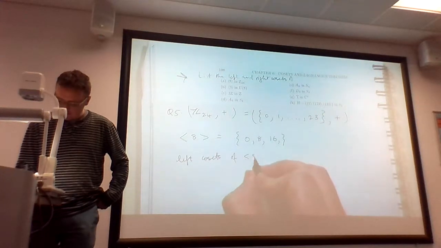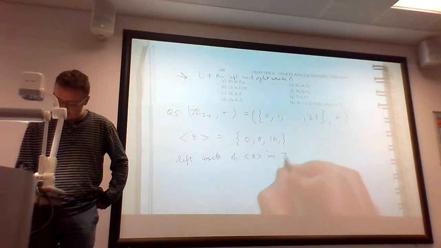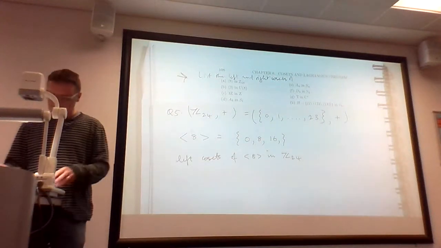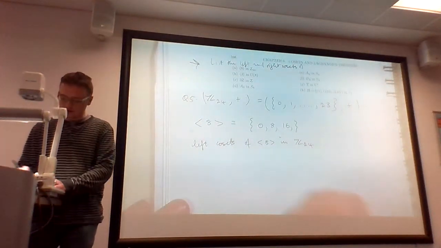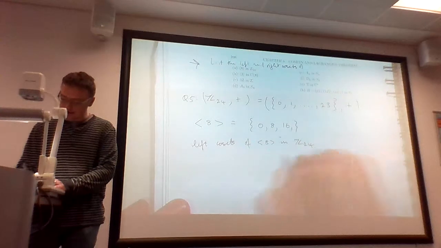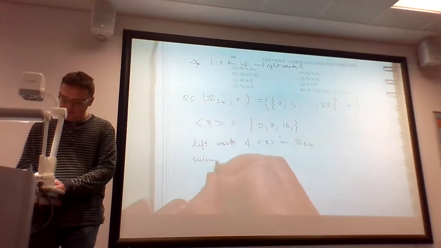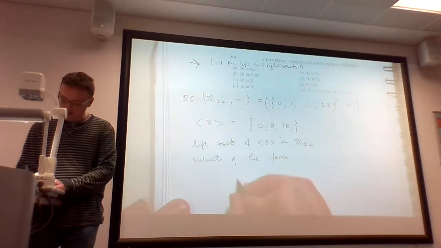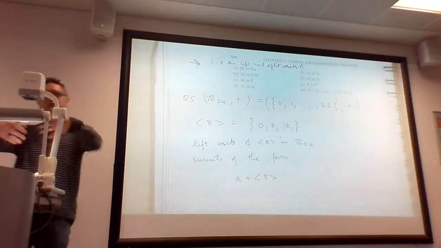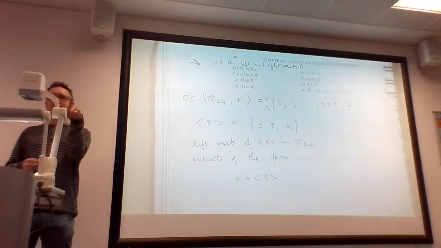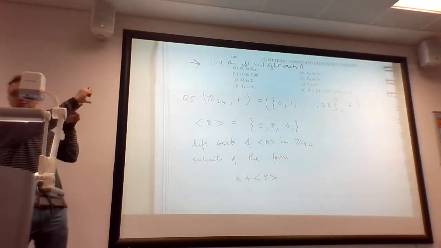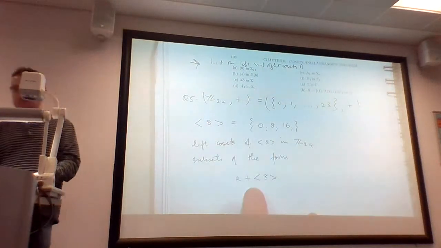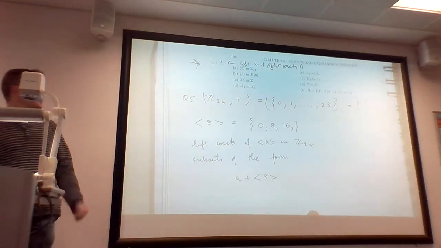of this in Z24? So if we look at the definition, these are subsets of the form A plus H. When you define cosets in the book, we write the little g beside the subgroup H, but of course in this specific example, the operation is addition, so we'll use the addition symbol.